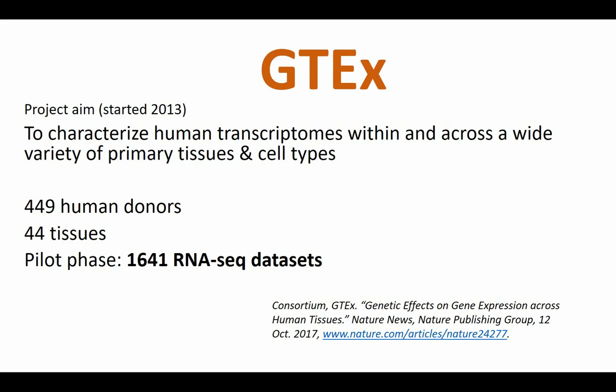Now, the first pilot, which is what you have seen till a month ago, included 450 human donors, post-mortem, of course, in which 44 tissues were extracted, crushed, and RNA-seq was performed for each and every tissue, healthy tissue. Those are healthy donors. And the pilot included 1,600 of those RNA-seq data sets. Full transcriptome, many tissues, and for each tissue, many donors.